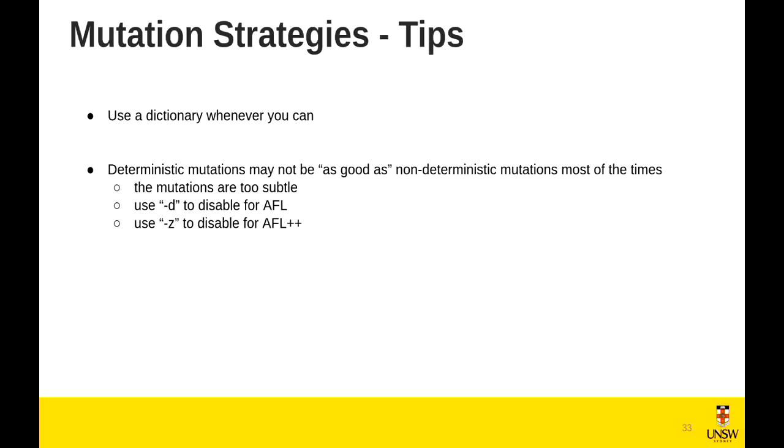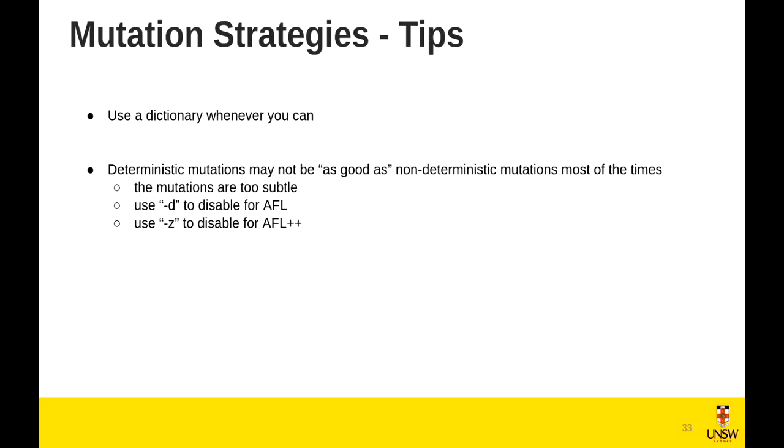And the second one is deterministic mutations may not be as good as non-deterministic mutations most of the time, because the mutations are too subtle. And when we use it together with dictionary, it will waste us a lot of time executing test inputs with very small changes to the seed.